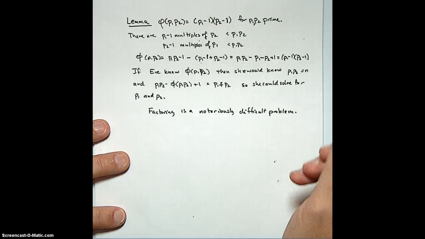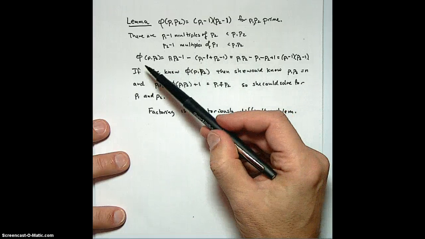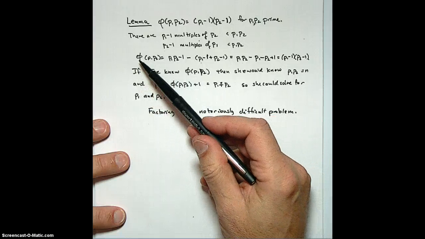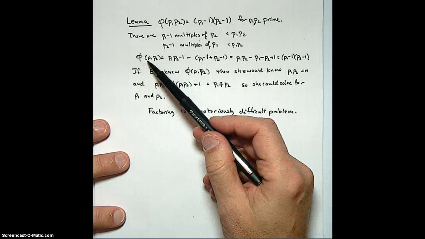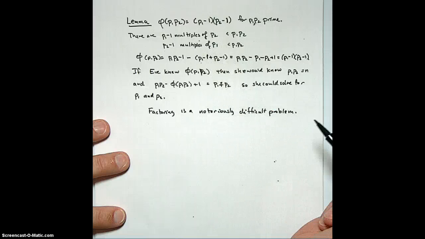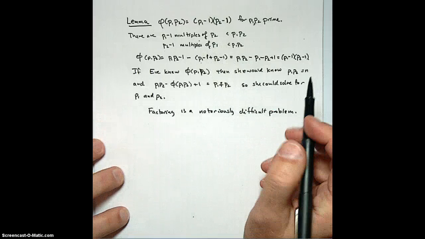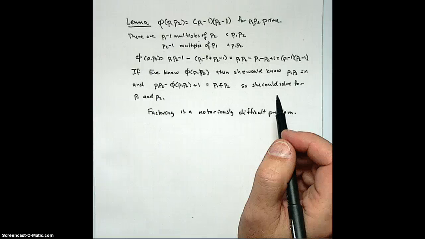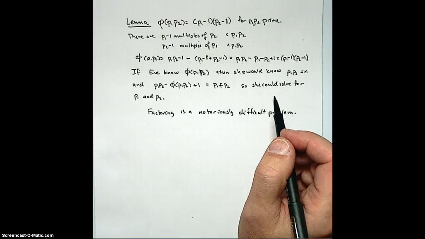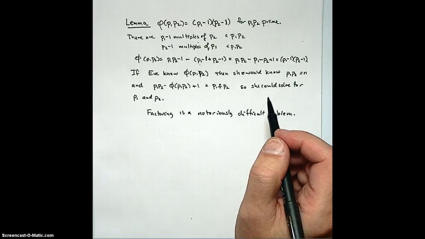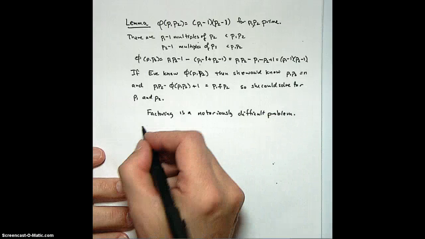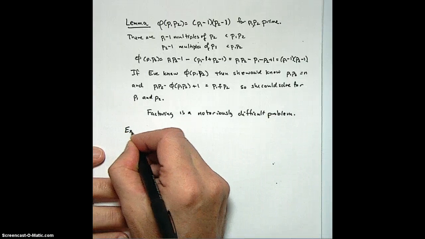So if she had a way to figure out what phi of the product of two primes is, then she could factor the product of two primes, and so that means it's probably very hard for her to find out what phi of the product of the two primes is. Right? So let's look at an example.